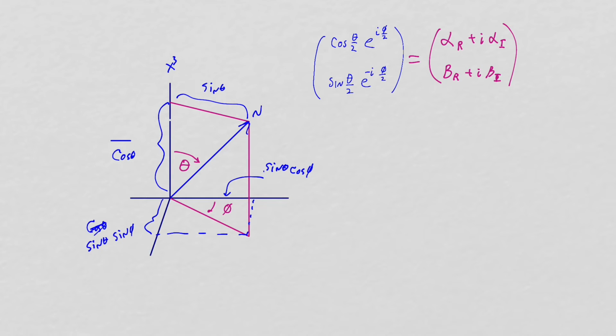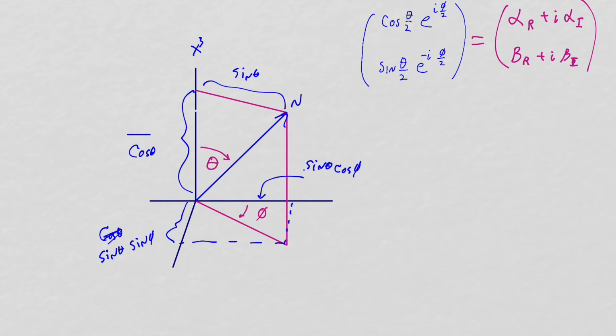And in this situation on the Bloch sphere, with this particular value of n, if that was the state of our two-level system, and I chose to measure the angular momentum, or the state of the system, in the basis x3, the probability of finding it in the state 0 will be related to this length.